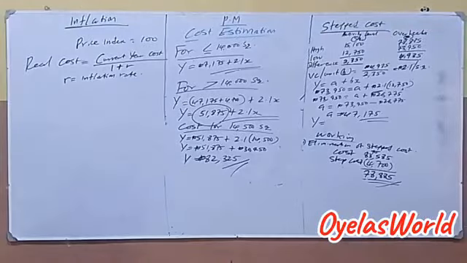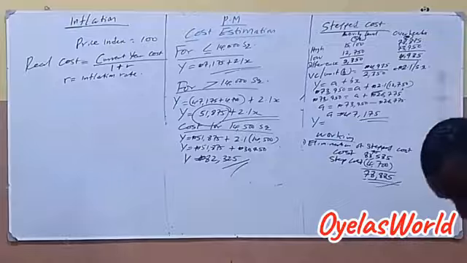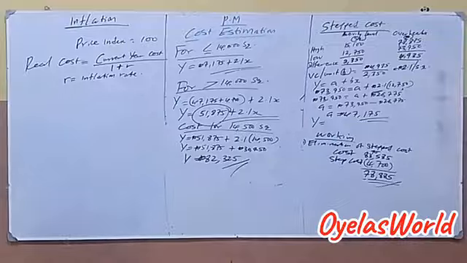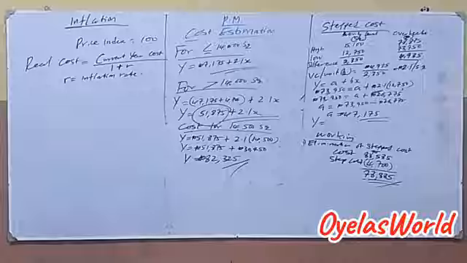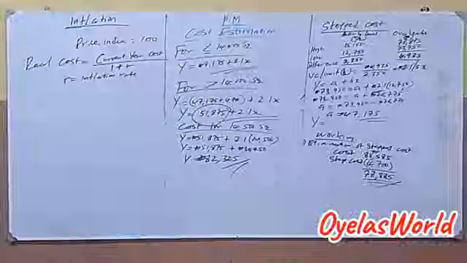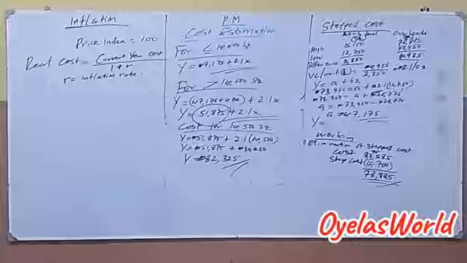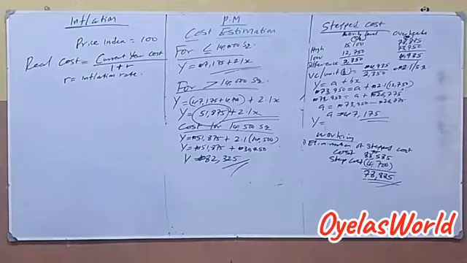Year 2002: output units of 135,000, cost of 522,750 naira, price index of 123. Year 2003: output units of 90,000, cost of 504,000 naira, and price index of 144. And year 2004: output units of 113,000, cost of 600,000 naira, and price index of 156.